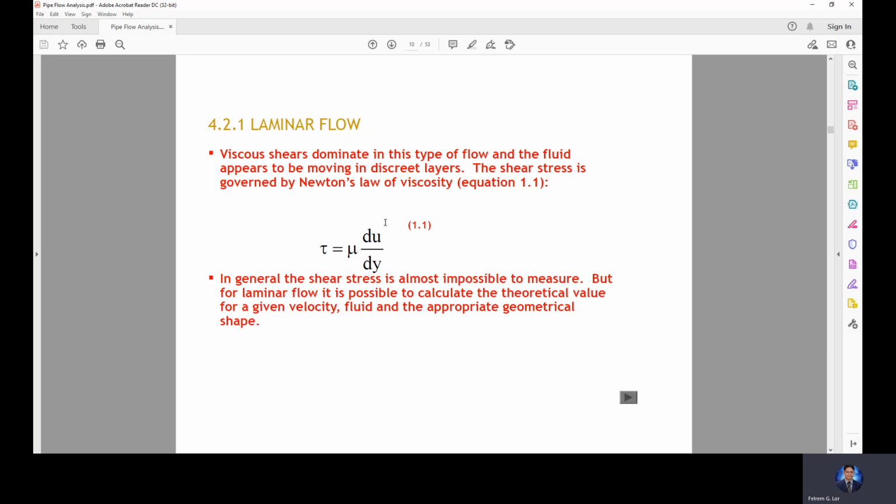We can measure that one using a universal testing machine or compression machine. For liquid, we cannot literally measure, but we can estimate that one using equations.